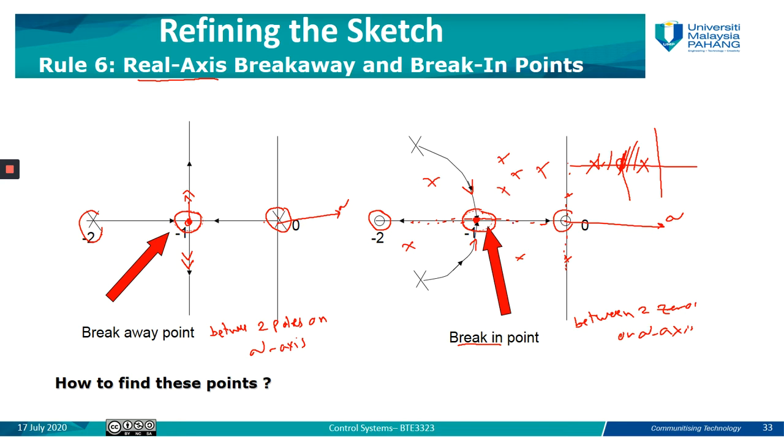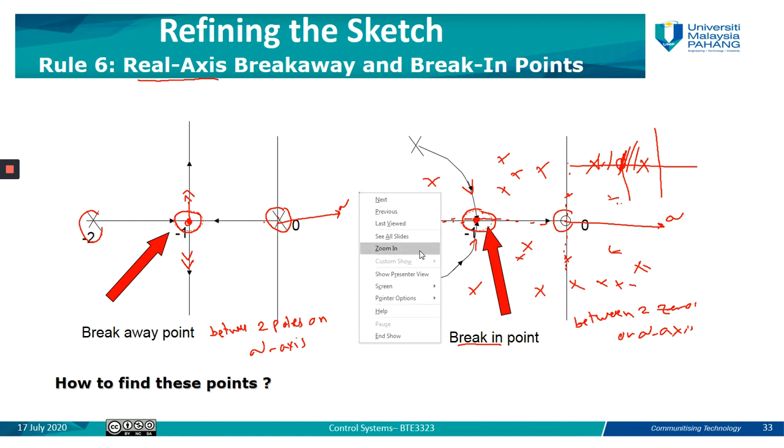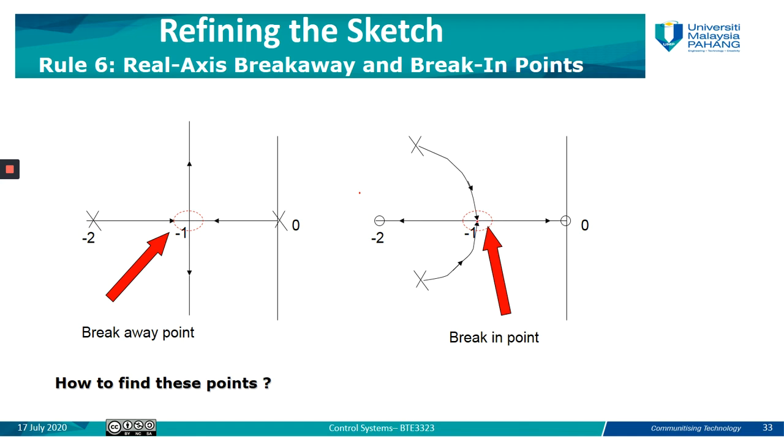In this area, the values are complex. So these are the different values of s: either real, imaginary, or complex. But in the case of breakaway and break-in points, our focus will be on real numbers. Because it's on the real axis, this point should be a real number, and that point also should be a real number.